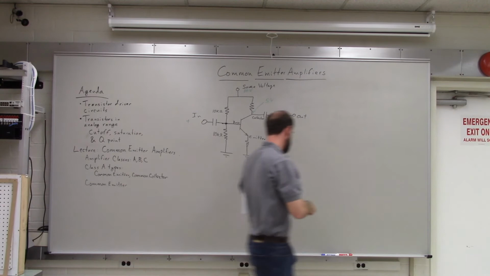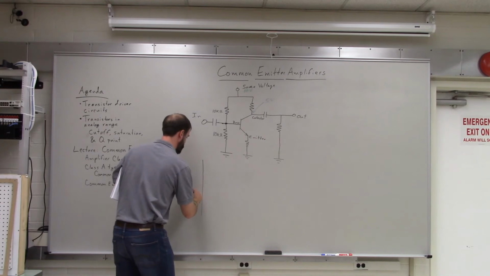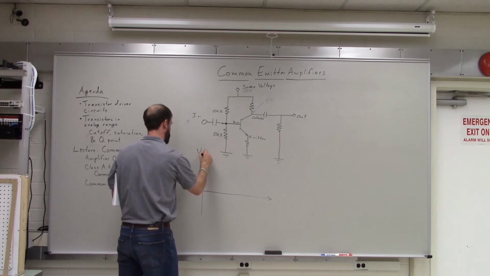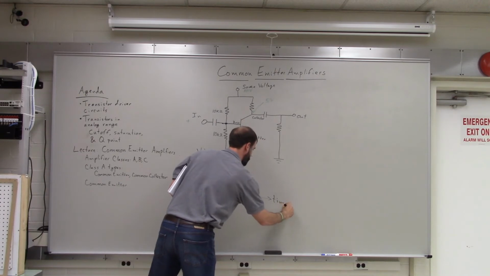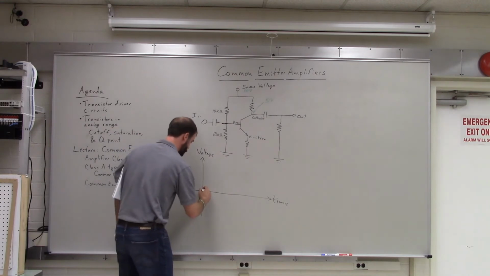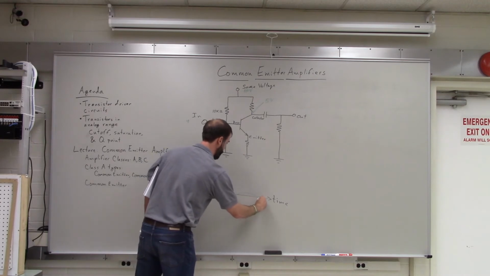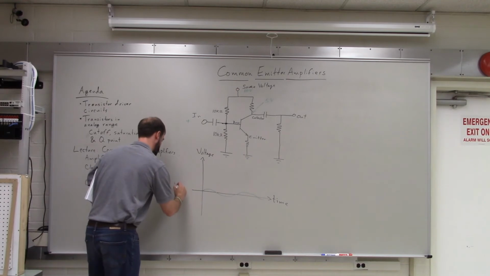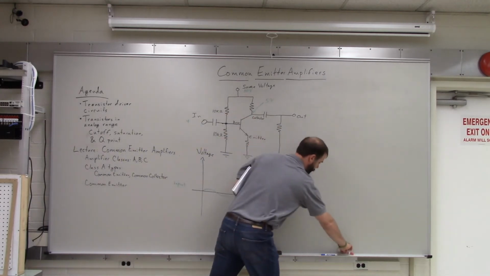So let's draw this out. So say we have a small input signal that looks like this. We want to figure out what our output signal is going to look like.